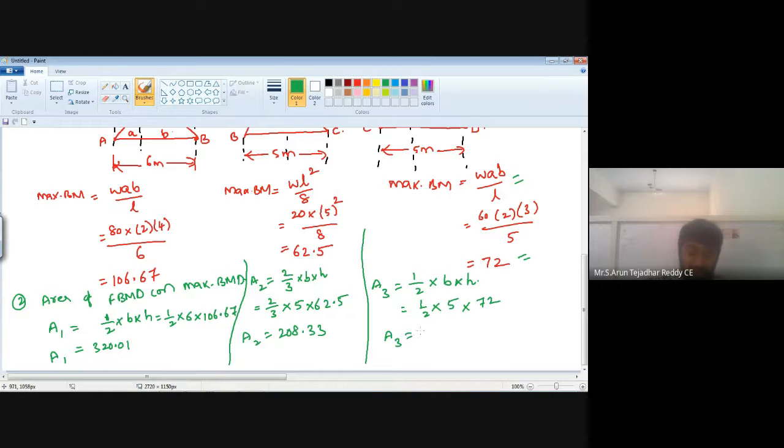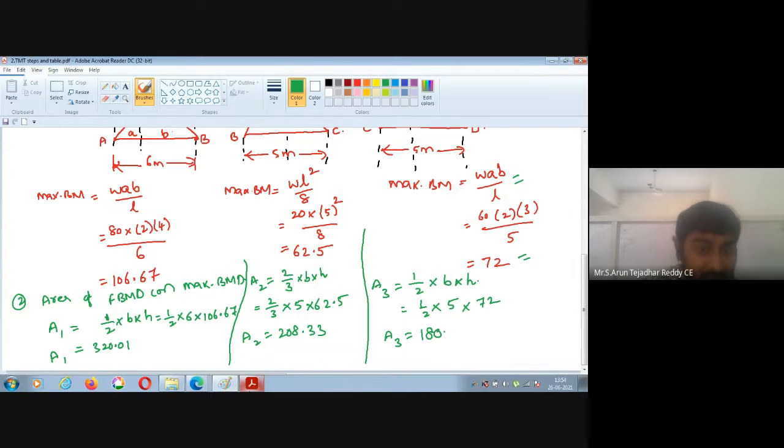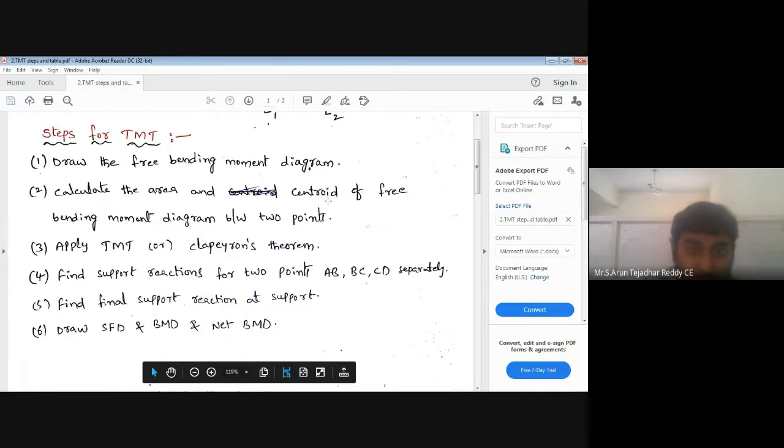Then we'll get the A3 value, where A3 is 180. So this is the area of the free bending moment diagram between 2 points.